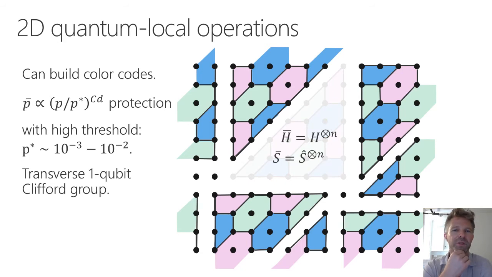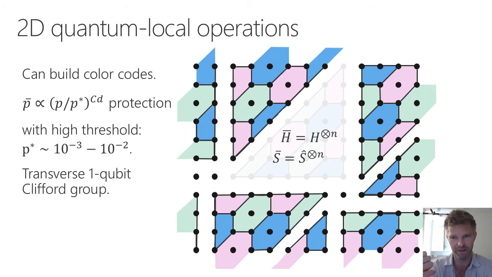So something else that's really important with color codes is that you can actually implement the full set of Clifford group unitaries on each individual logical qubit. And you do this transversally. For example, the Hadamard is implemented by separately addressing each of the data qubits in the code by a physical Hadamard, and this implements the Hadamard at the logical level.